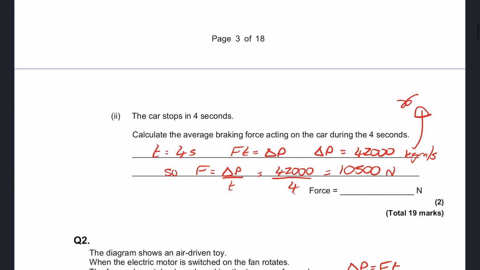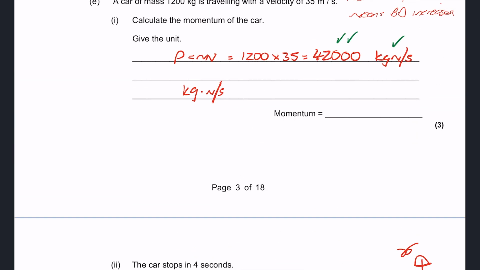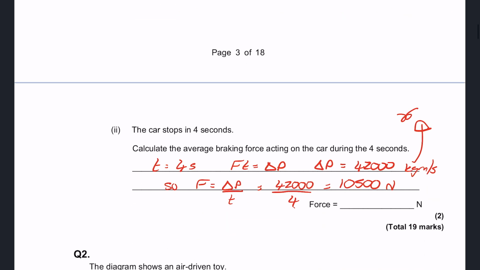And then the car stops in 4 seconds. So we've got another bit of data. We know that the momentum has changed by 42,000 kilograms meters per second. And we now know the time it took to change. So the time is 4 seconds. We've got this equation as well. Ft equals delta P. So the F times T, which is always called impulse, is equal to the change in momentum delta P. All right, which is the final momentum, we could call that mv, minus the initial momentum mu.